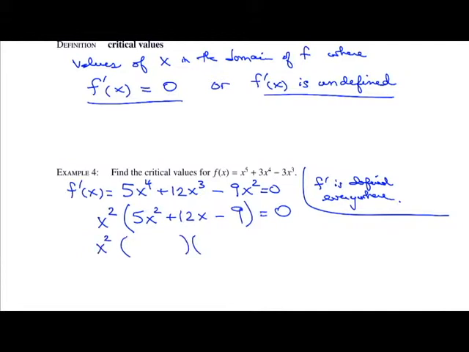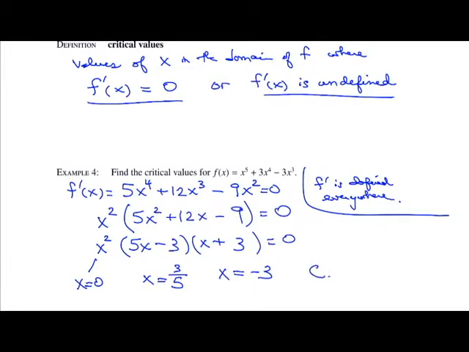And sure enough, it's going to be 5x and x, 3 and 3. And 5x times 3 is 15, so that's the big one. So that's going to be plus. And this other 3 is minus. And then you would solve by setting each of these factors equal to 0. So we're going to get x equals 0. We're going to get x equals 3/5. We're going to get x equals negative 3. And these are the critical values.